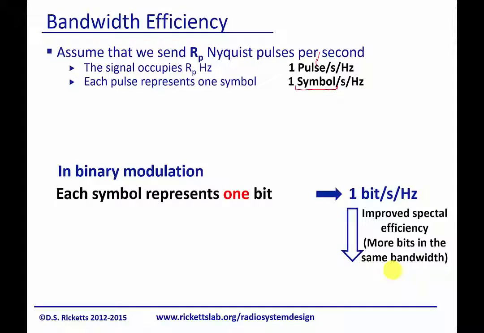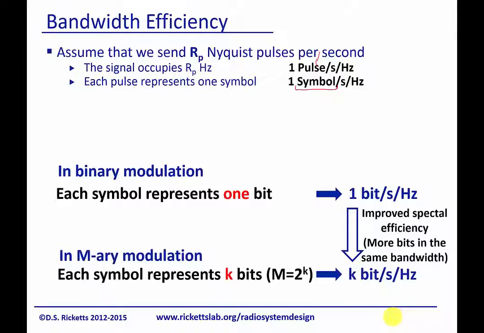But we can improve the spectral efficiency by transmitting more bits per symbol. Because each symbol has a fixed bandwidth, if we increase the modulation complexity, then we can increase the number of bits transmitted. In an M-ary modulation, each symbol, or you could say pulse, represents k bits.